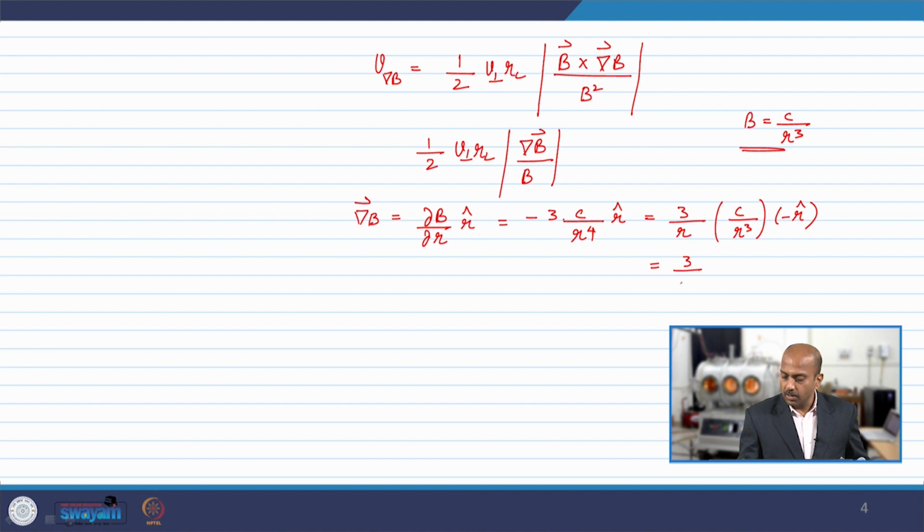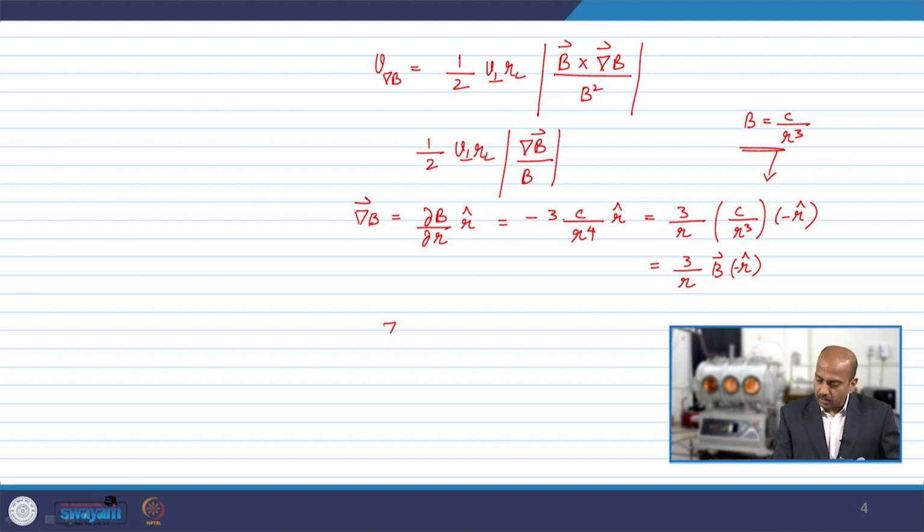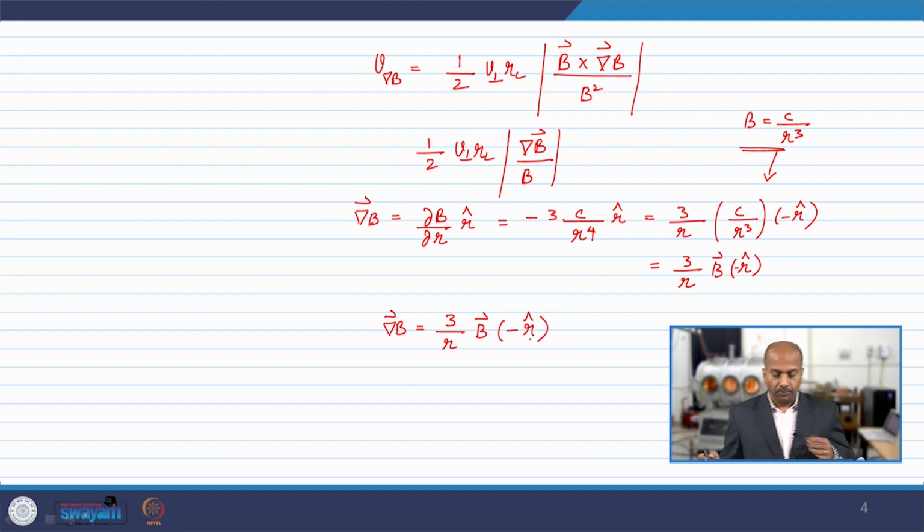So 3 by r remains a factor that is outside, and c by r cube from here is B itself, B along minus r cap. So the gradient of B, del B, is 3 by r times the magnetic field, which is acting along minus r cap. Right.